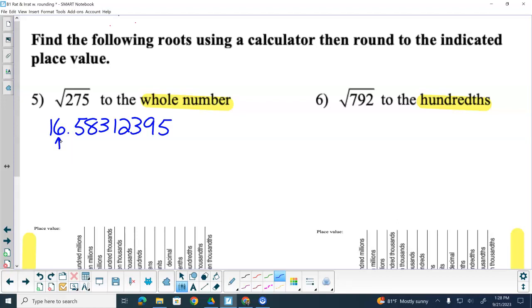Which number am I looking at? I'm looking at the 5. Is that an up or a stay? That's an up, so this would round to be 17. Did you get it?